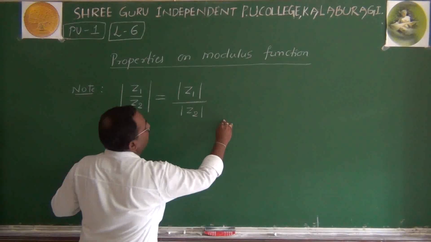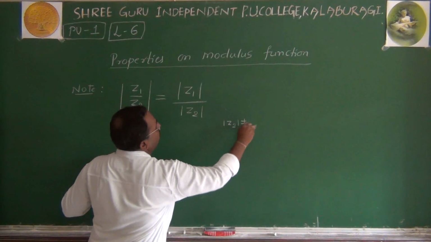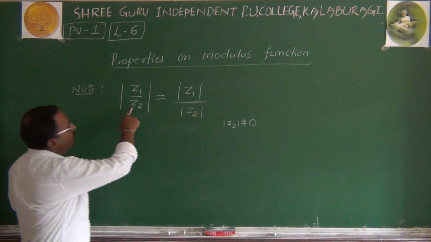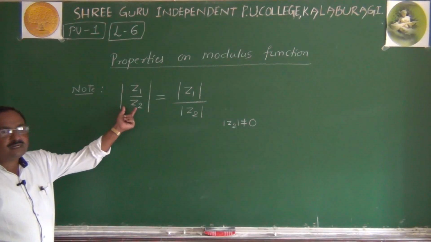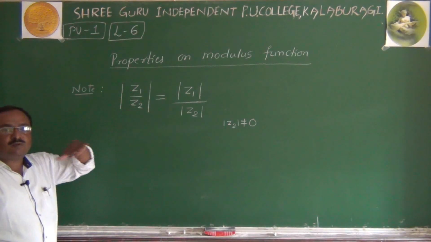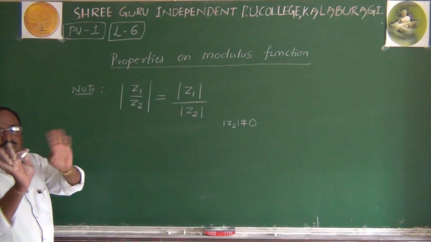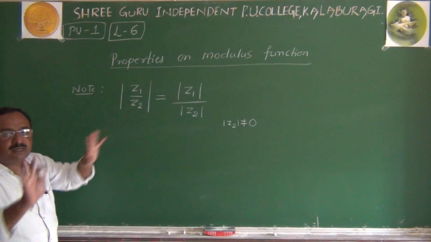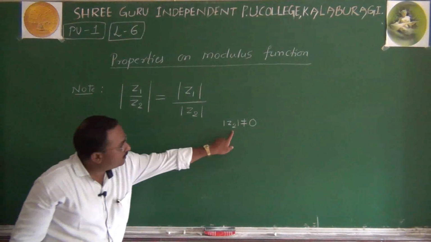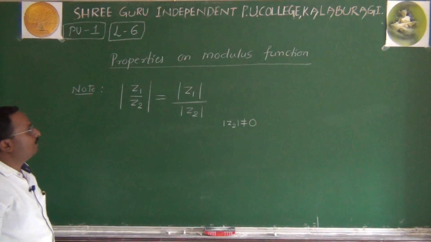Here modulus of Z2 is not equal to 0. If the denominator is 0, any number by 0 is infinity. That is the reason the denominator cannot be 0. Suppose the numerator is 0, 0 by any number is 0, but the denominator is not equal to 0. The denominator Z2 is non-zero complex.